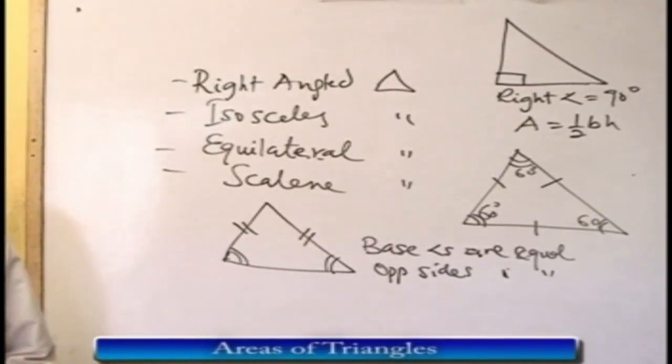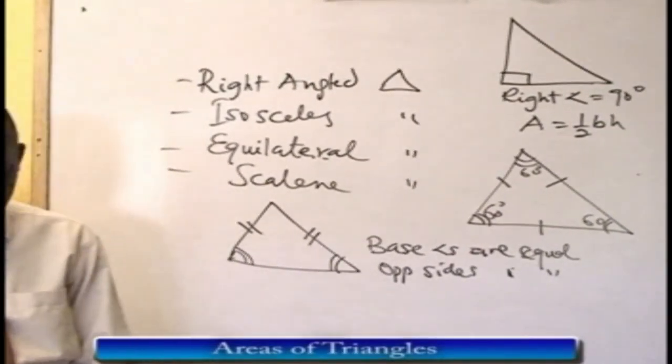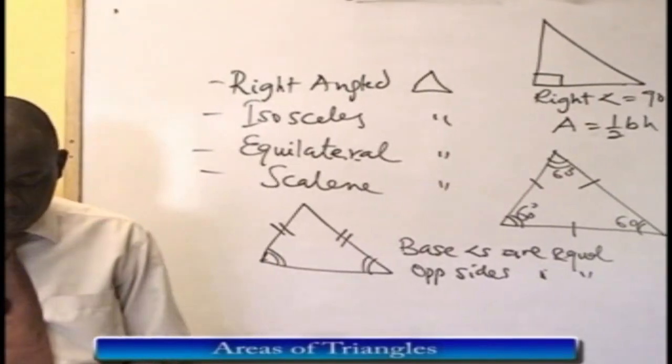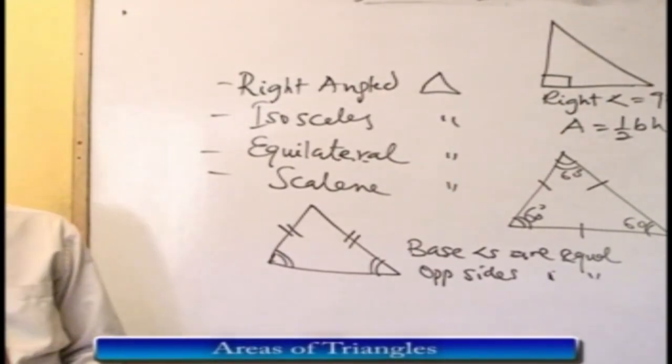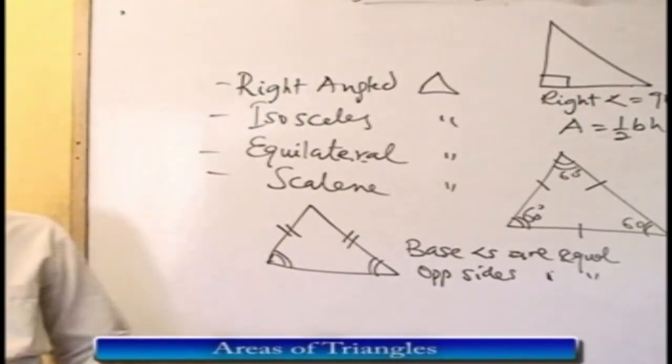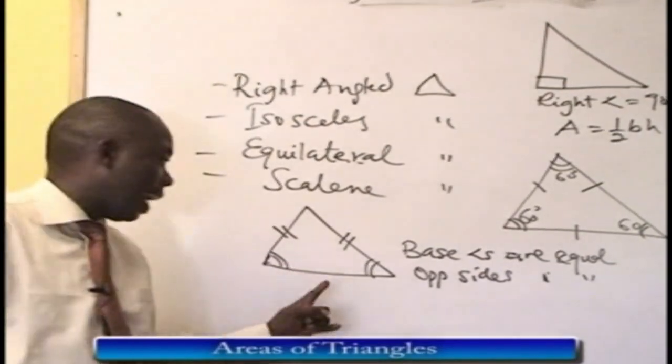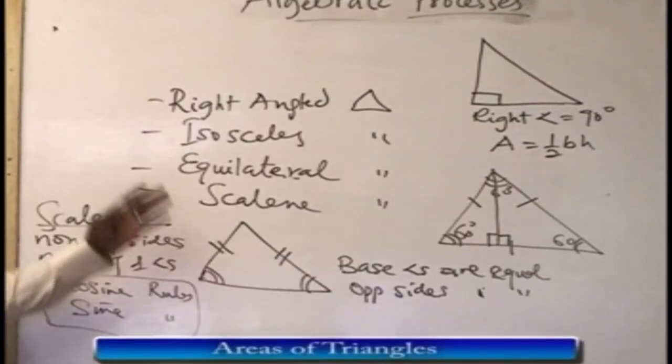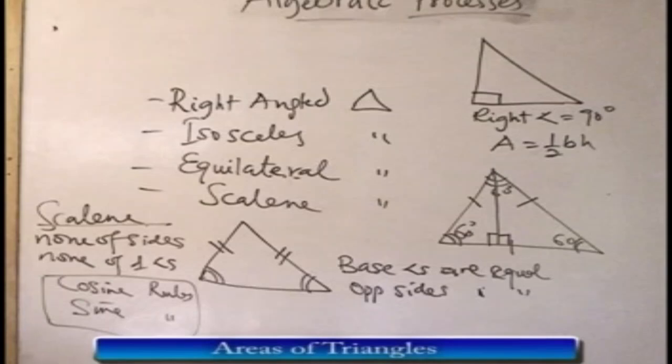Again, for the scalene triangle, none of the sides are equal, none of the angles are equal. The last type of triangle is what is referred to as the scalene triangle.